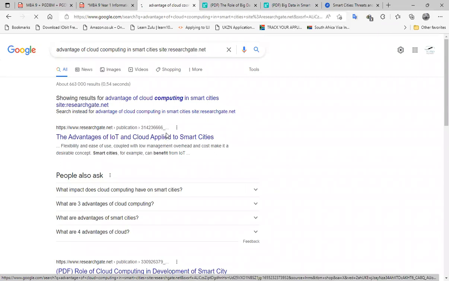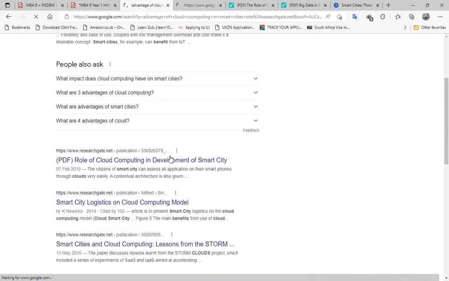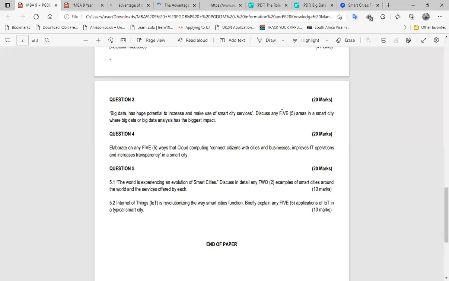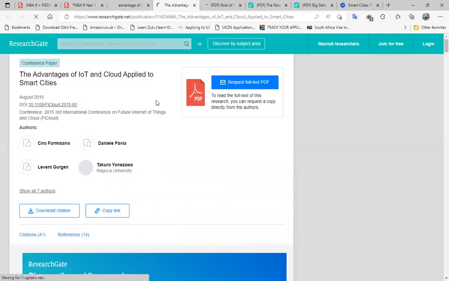So you can see, guys, that this information is, let's talk about the role. This question is similar to this one, right? The role of big data in a smart city, and also the role of cloud computing. Or this is the request document.